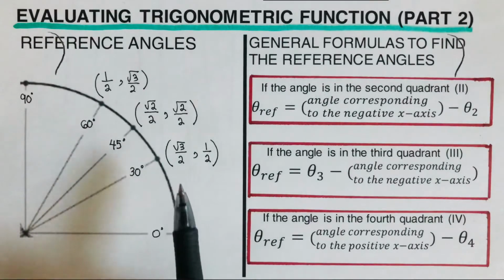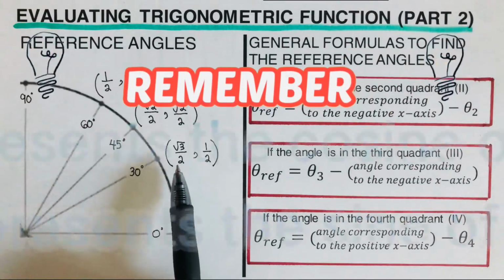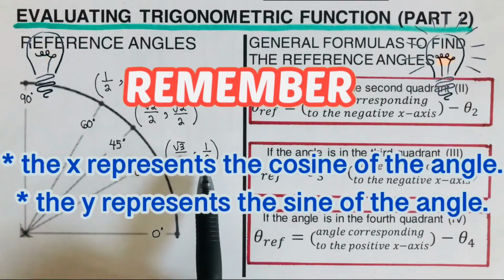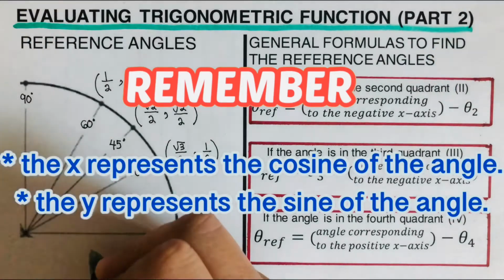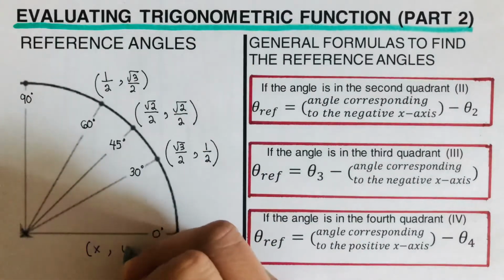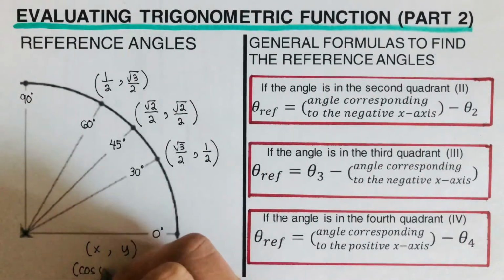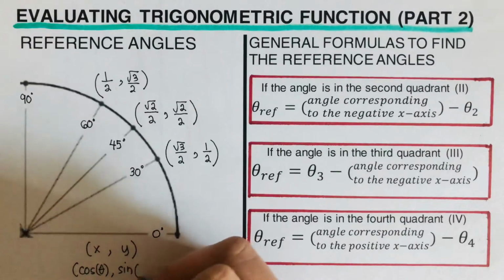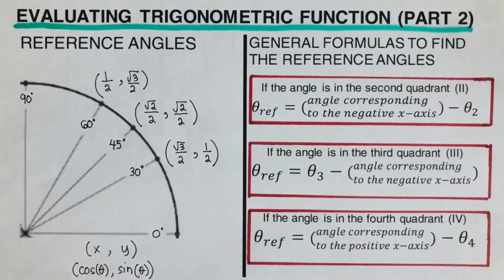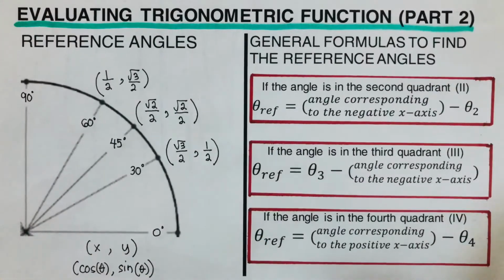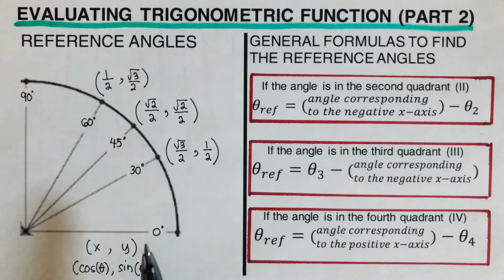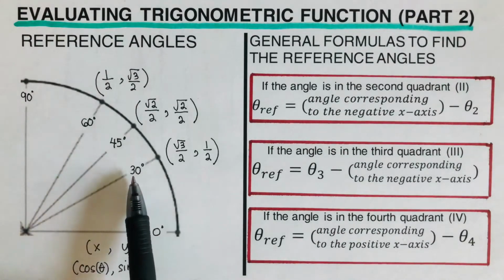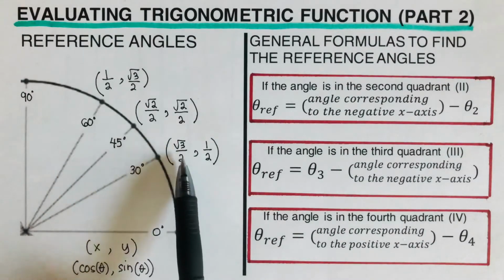We remember that the x represents the cosine of the angle and the y represents the sine of the given angle. So I'm just going to write that down here. In this picture, we can say that cosine 30 is square root of 3 over 2.